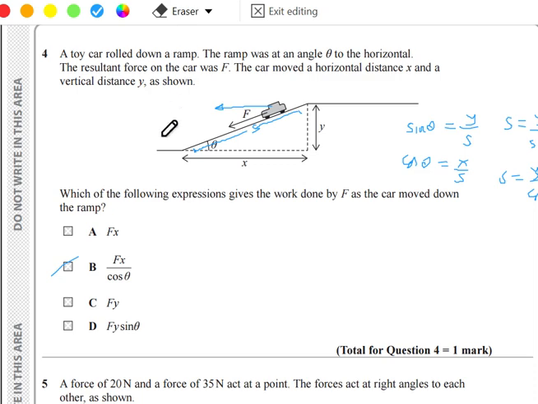Someone may ask how it can be cosine theta times x, and at the same time x over cosine theta.